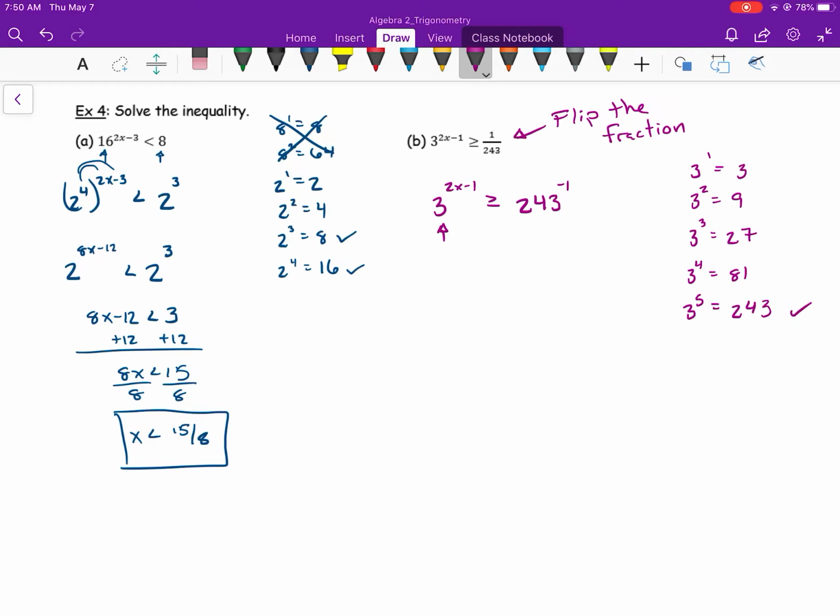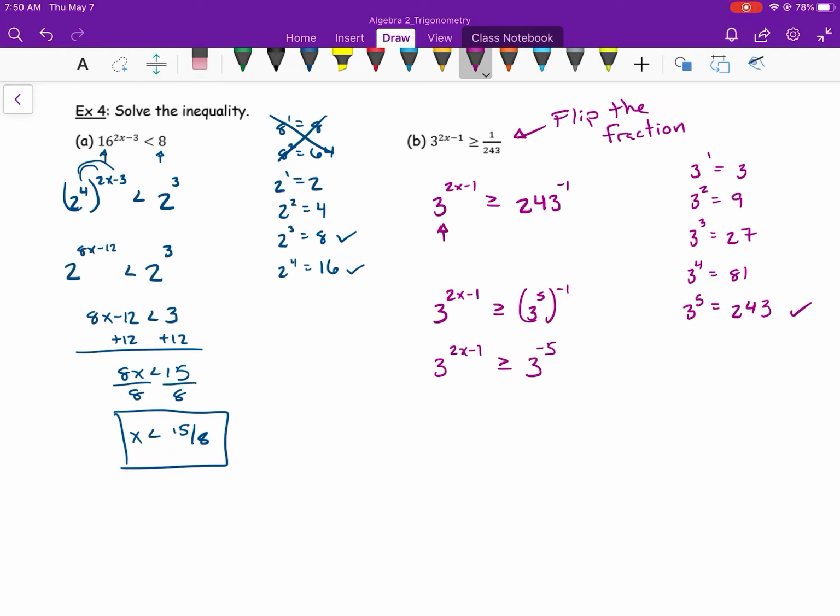So we're going to substitute that in for 243. So 3 to the 2x minus 1 is greater than or equal to 3 to the 5 to the negative 1. So power to a power, you get 3 to the 2x minus 1 is greater than or equal to 3 to the negative 5.